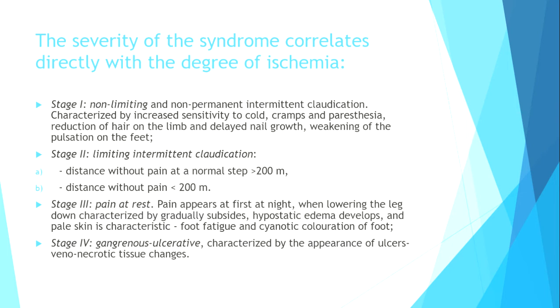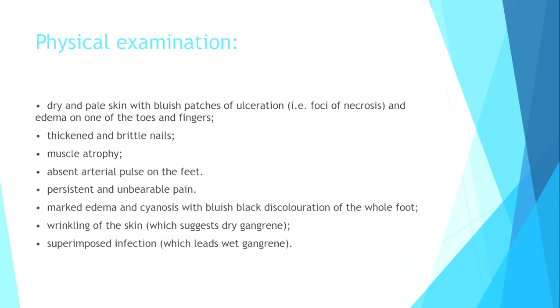Pain appears at first at night, when lowering the leg down, and gradually subsides. Hypostatic edema develops, and pale skin is characteristic, foot fatigue and cyanotic coloration of the foot. Stage 4, gangrenous ulcerative stage, is characterized by the appearance of ulcers and necrotic tissue changes.